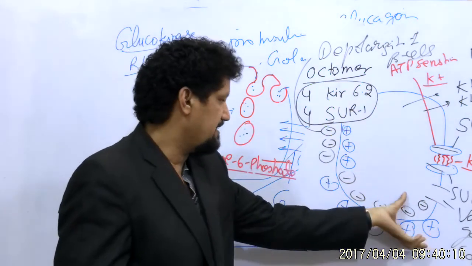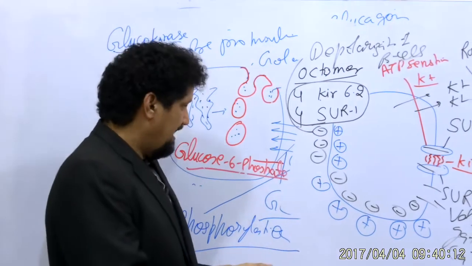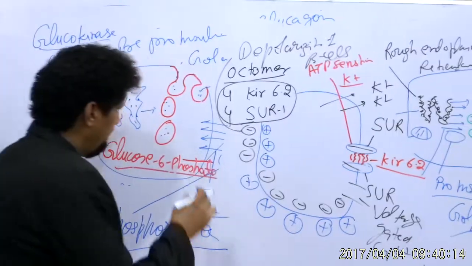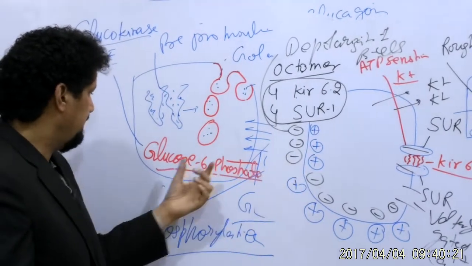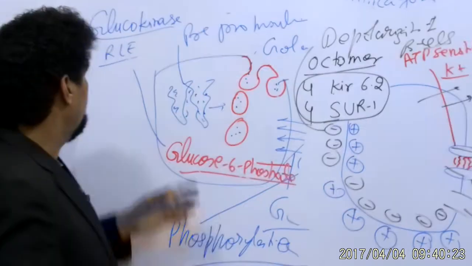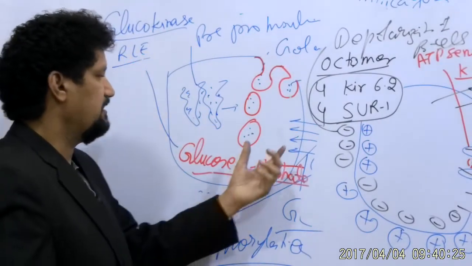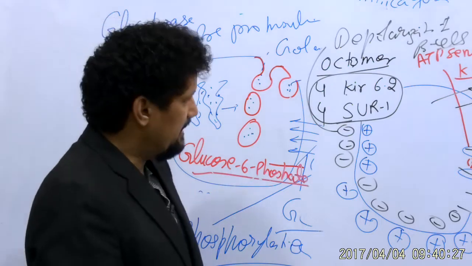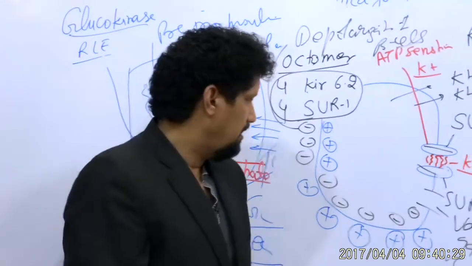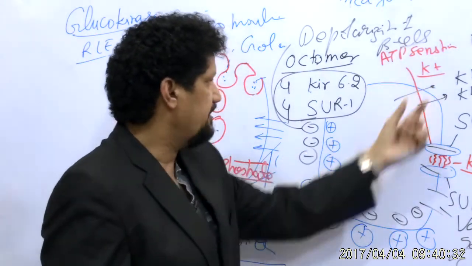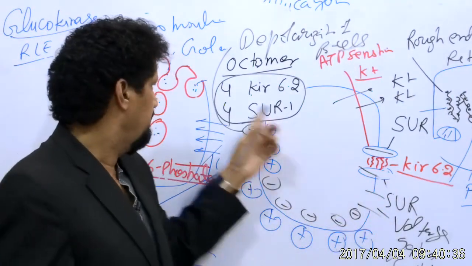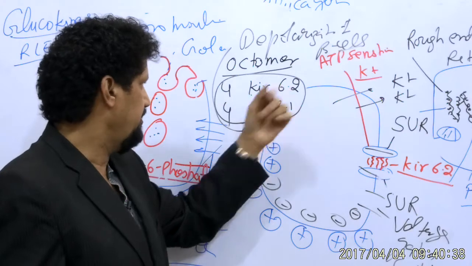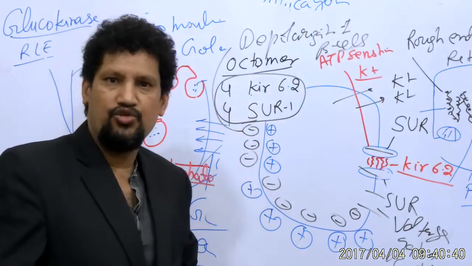When ATP is produced due to the phosphorylation of the glucose into glucose 6 phosphate by the glucokinase, these ATPs will close the ATP sensitive potassium channels, which is an octamer formed by 4 units of the KIR 6.2 and 4 units of the SUR.